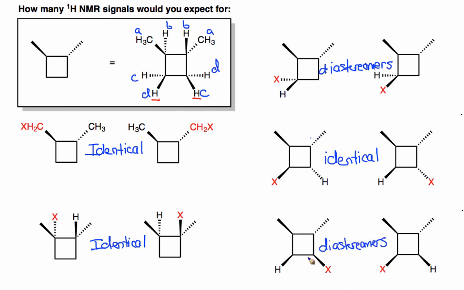That means that the two protons pointing out on the front are chemically different, and we've already confirmed that. We can see that C and D are in fact two different signals. So now, if you think about this compound, we've identified A, B, C, and D. So this would show 4 distinct proton NMR signals.